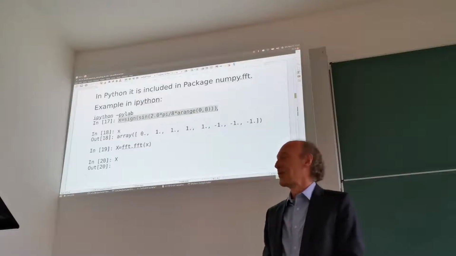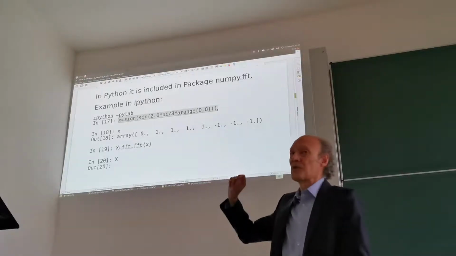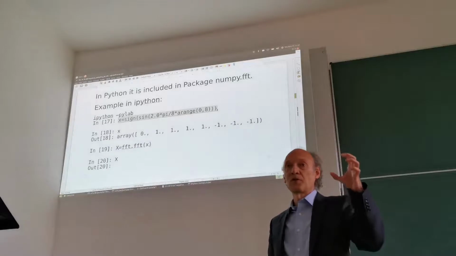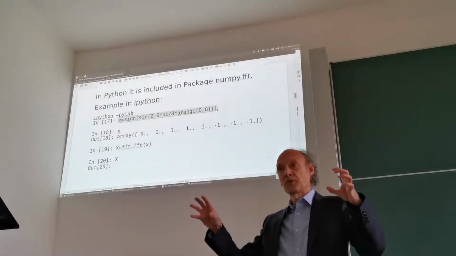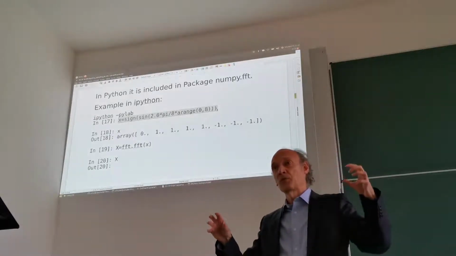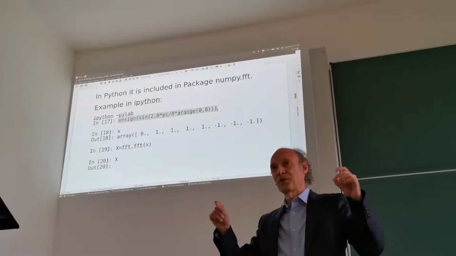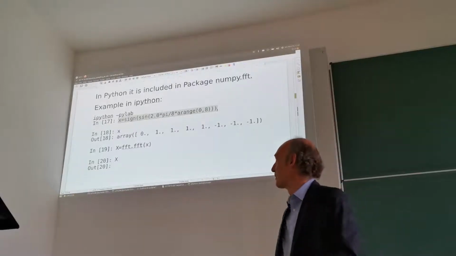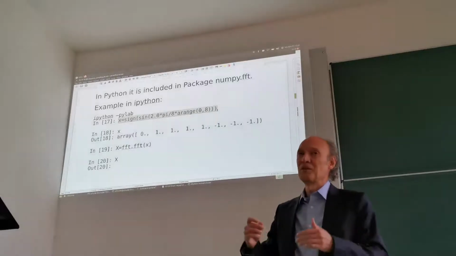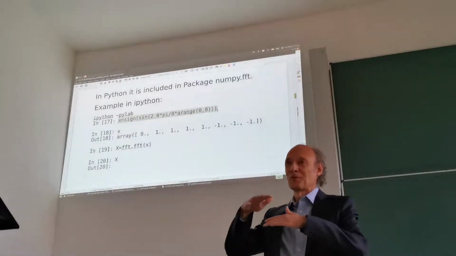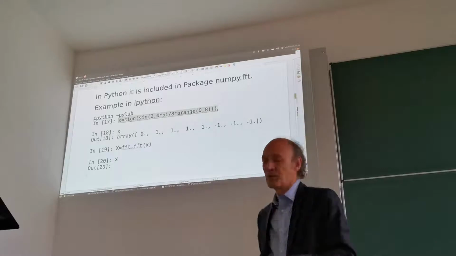This sign function returns plus 1 if you have a positive value, minus 1 if you have a negative value, and 0 if we have exactly 0. Mainly we have just plus and minus because there are not many places with 0.